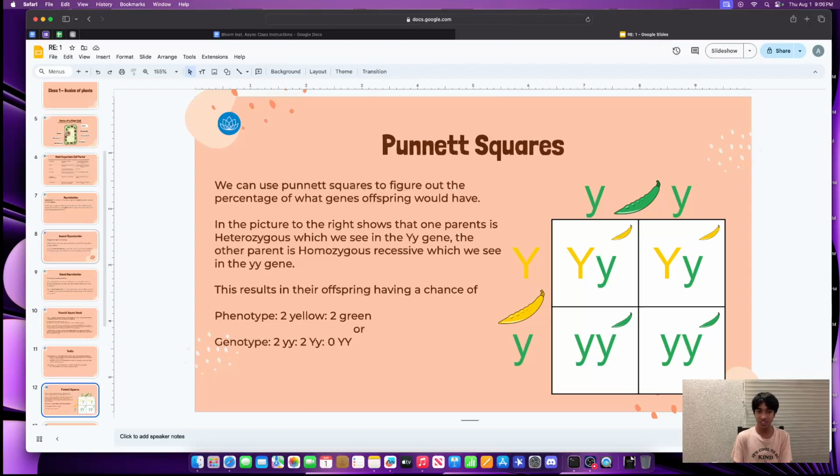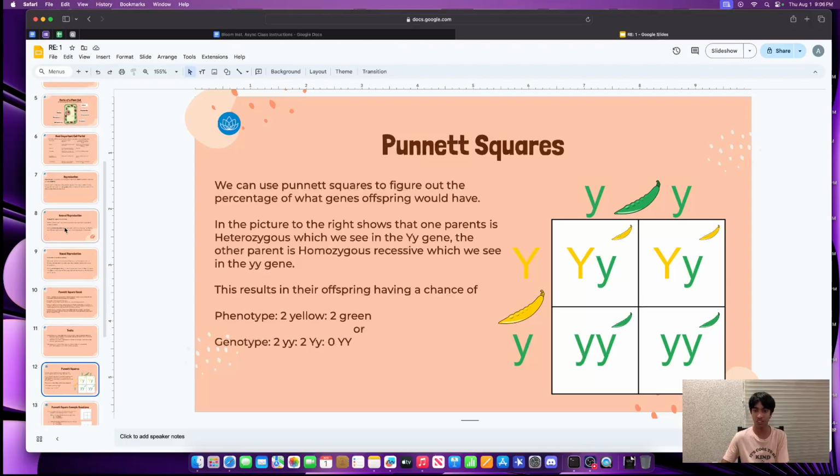So as you can see, the uppercase Y only needs one chance to take over the entire expression of the trait and the gene, right? And then the lowercase ones will always need 2 tries to make the offspring green.